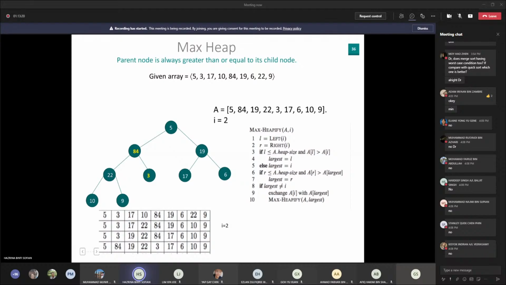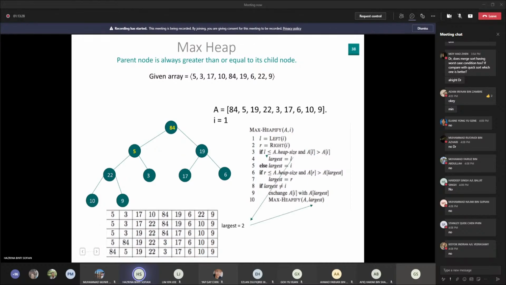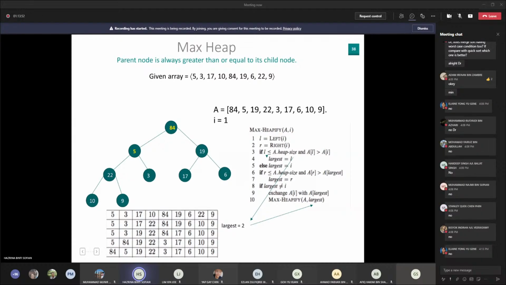After that I equals 1, then 84 is bigger than 5, so we swap it. Then we repeat, because is this a max heap yet?